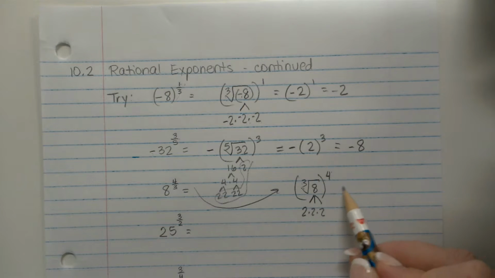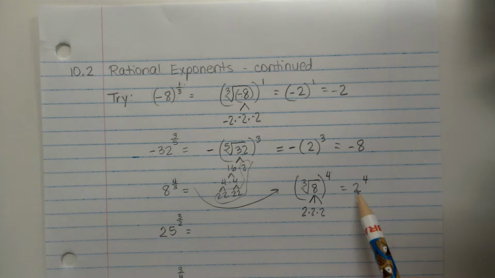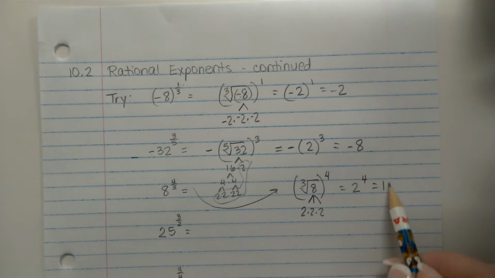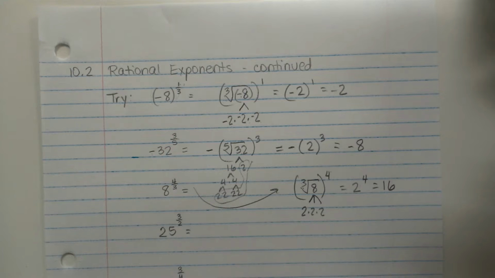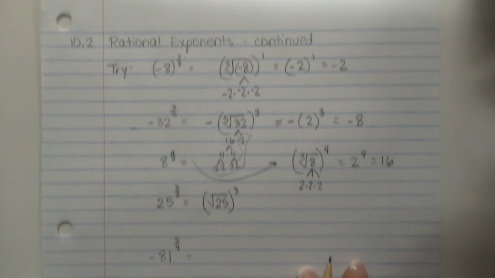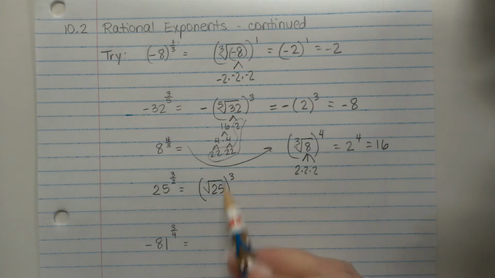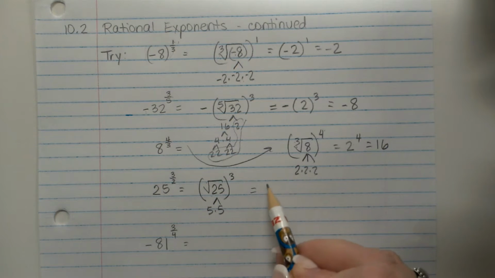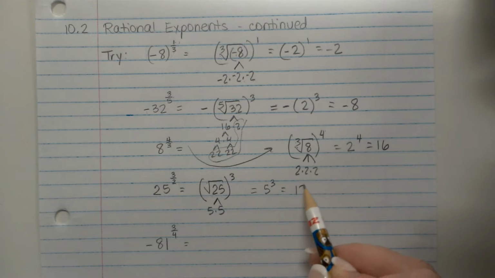So the cube root of 8 is 2, and to the 4th power means 2 times 2 times 2 times 2, and that becomes 16. Once again, I'm going to do the root first. So the square root of 25, and then I'll raise it to the 3rd power, or cube it. And the square root of 25 can be expressed as 5 times 5. So this is 5 cubed, which is 125.